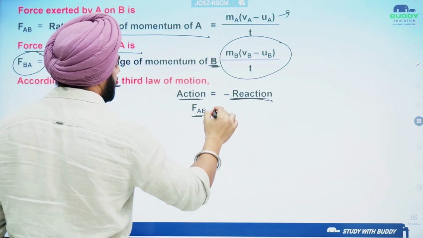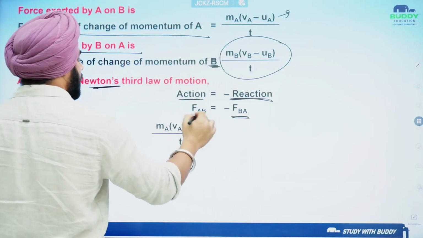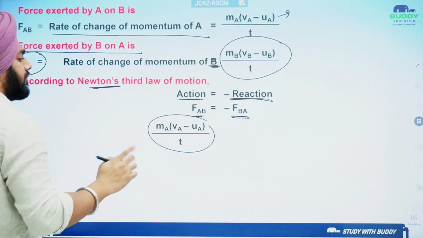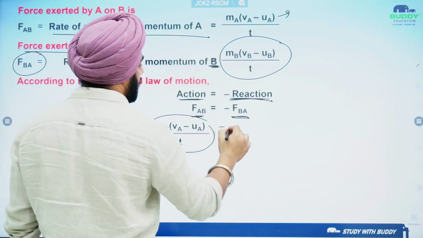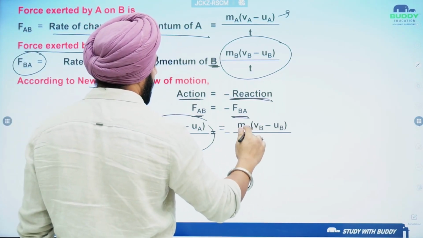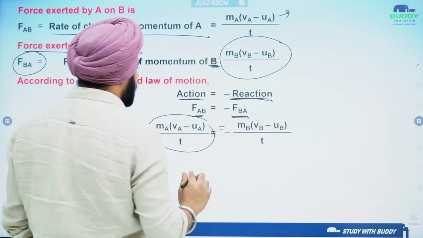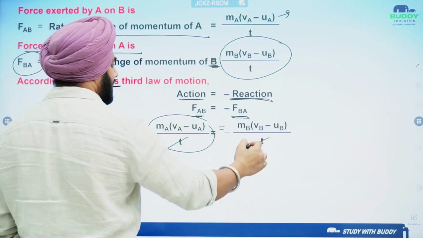So FAB is equal to minus FBA. That is, MA times (VA minus UA) by T is equal to minus MB times (VB minus UB) by T. Now this T will be cancelled, right?